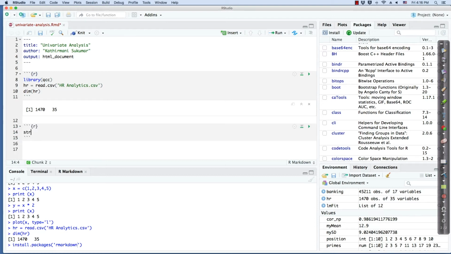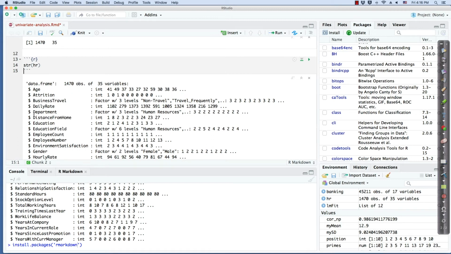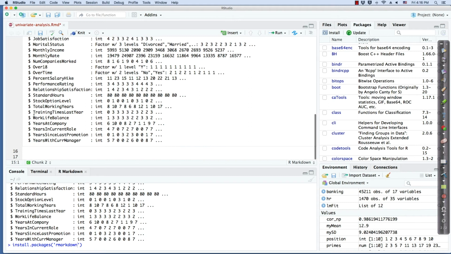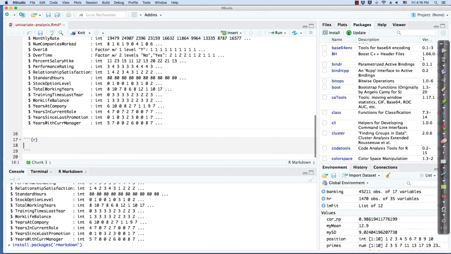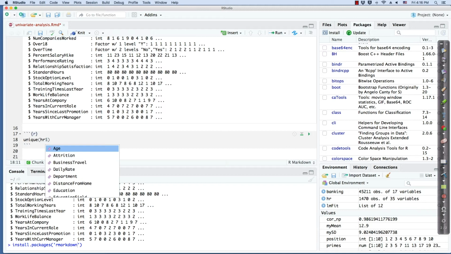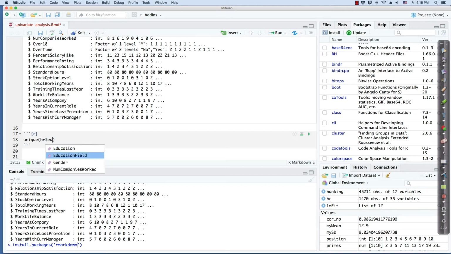And we can look at the structure of the data as well, like what the individual data types of each column are. So, you can see we have a lot of integer and factor columns, so basically numerical and factor columns. After this, we can call the unique function and pass the education field column alone. To select a particular column, we will be using the $ symbol.